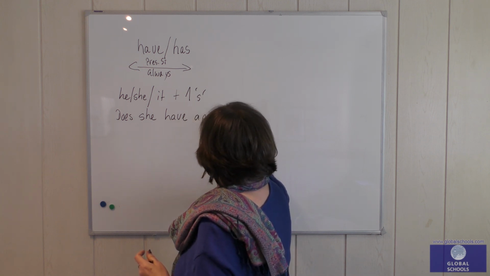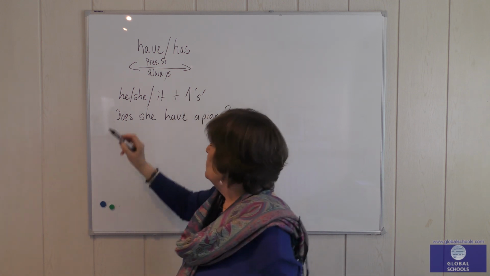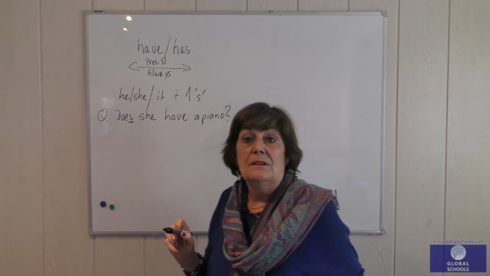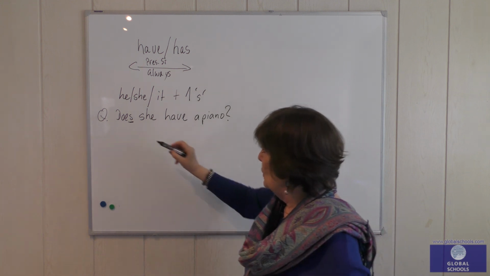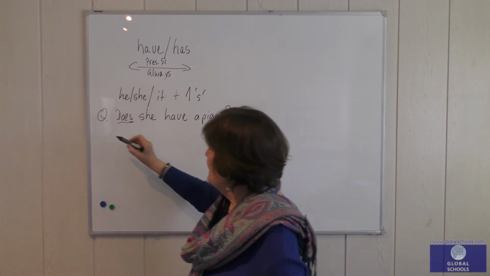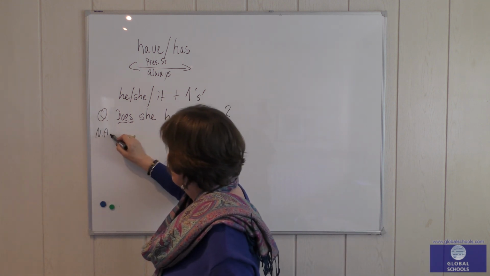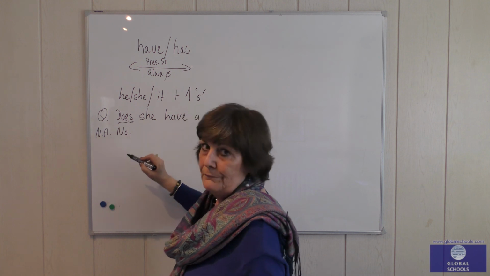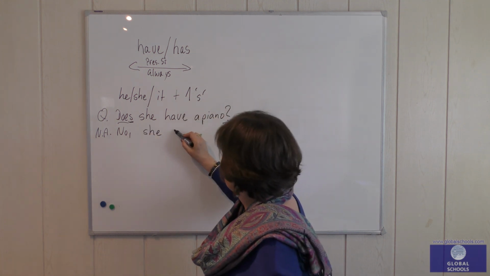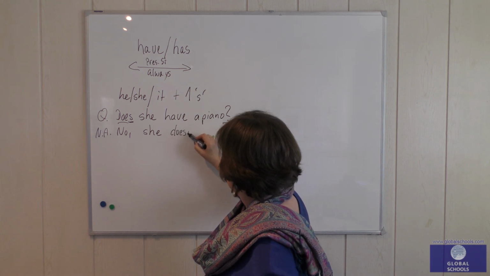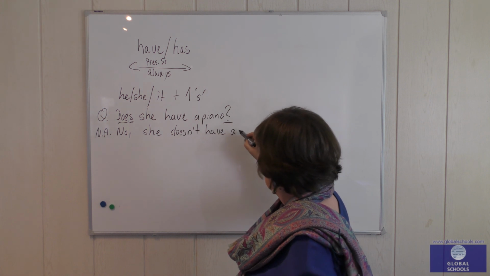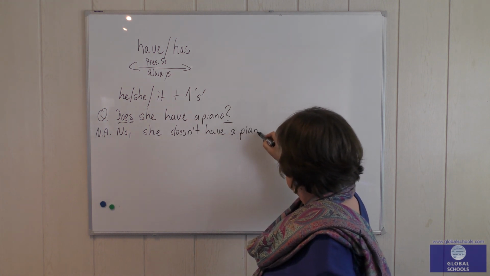a piano? You see, when we ask our question, the does slips on the helping verb to show, ding ding, here is the question. In the negative answer, we say, no, she, and here it comes, doesn't have a piano.